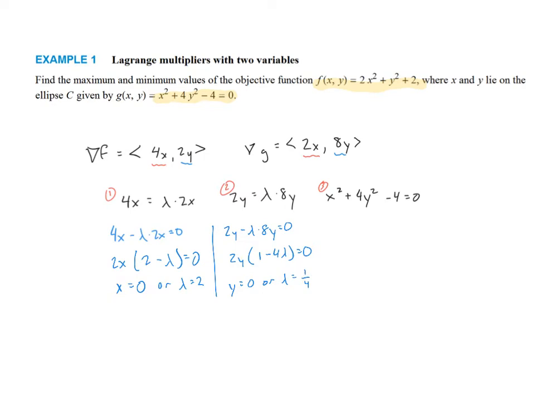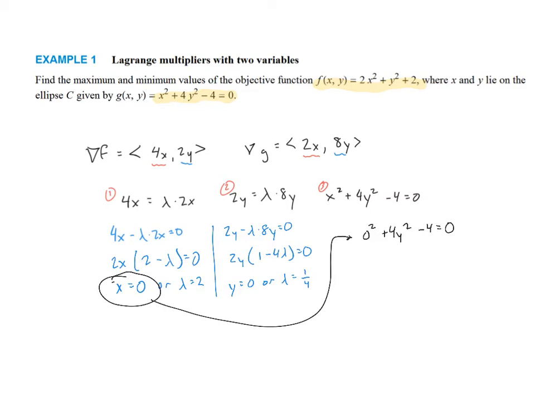Okay, so you may be thinking at this point, does that mean that 0, 0 is one of the solutions? Not the case. What we do now is we take this first solution from equation 1, x equals 0, and plug it into the constraint. If x is 0, then we have 0 squared plus 4y squared minus 4 equals 0.